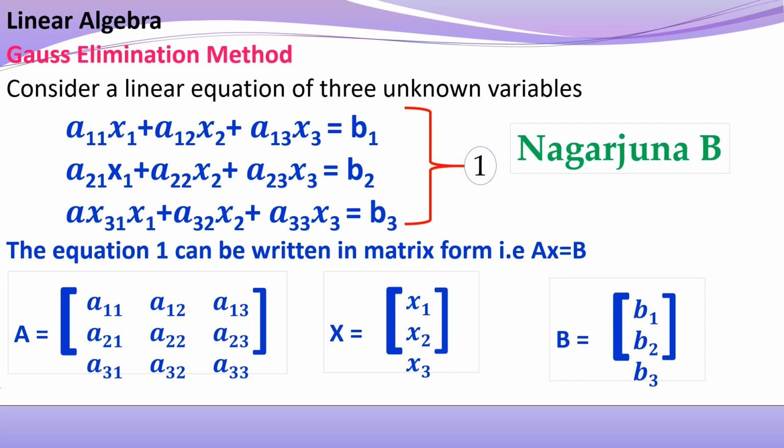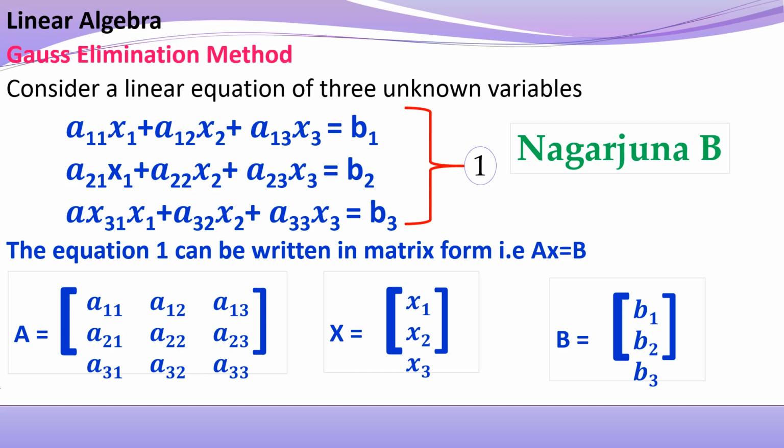Then what is A, what is X and what is B? A is the coefficient matrix of the system of linear equations: A equal to the matrix a11, a12, a13, a21, a22, a23, a31, a32, a33. X is the matrix of unknowns, that is X equal to x1, x2, x3.